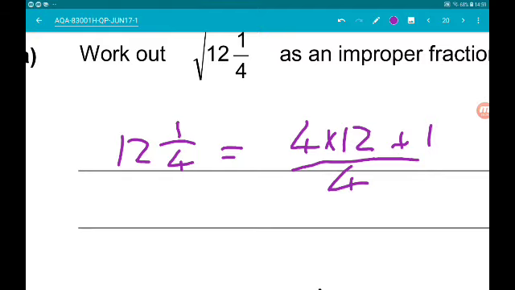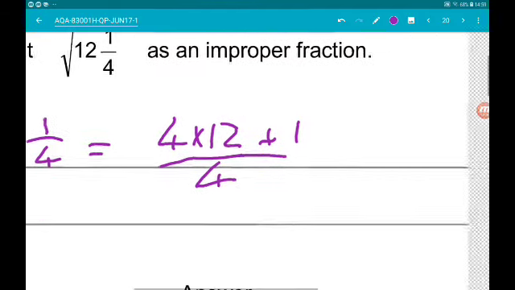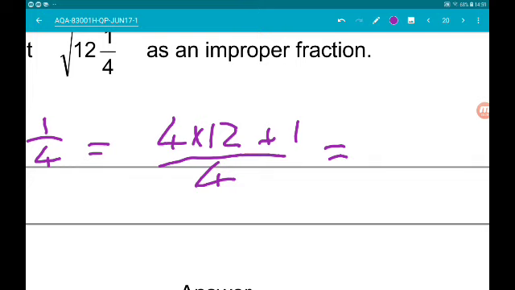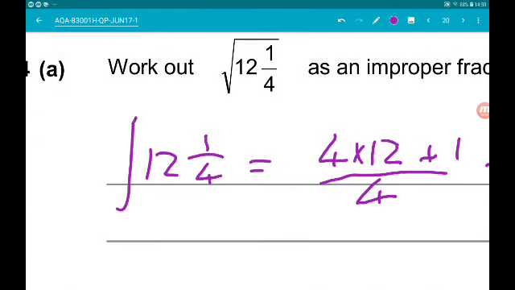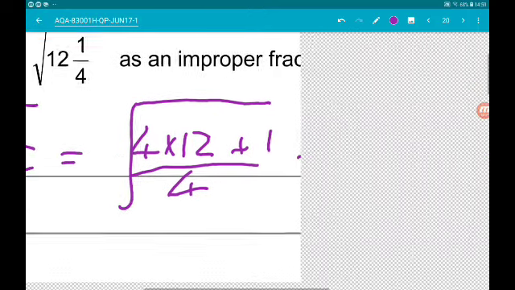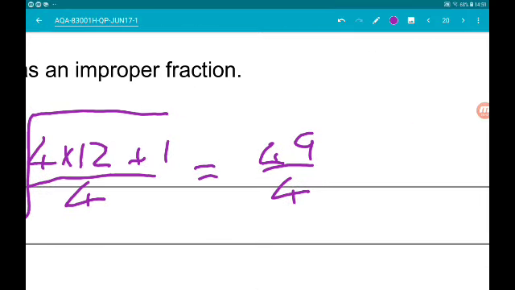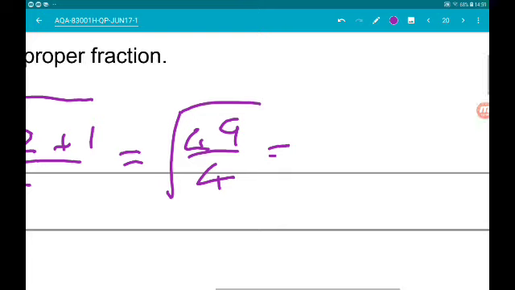Now that is going to give us 4 times 12 is 48, so we have 49 over 4. So the square root of 12 and a quarter is the square root of 49 over 4, which is going to give us 7 over 2. Cool.